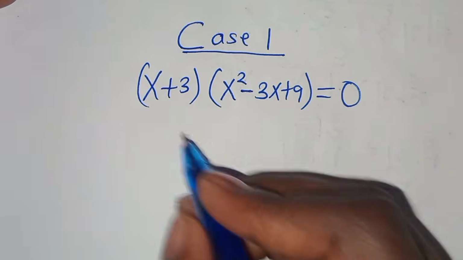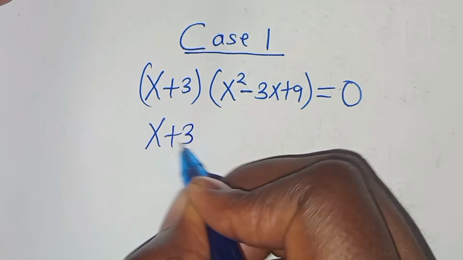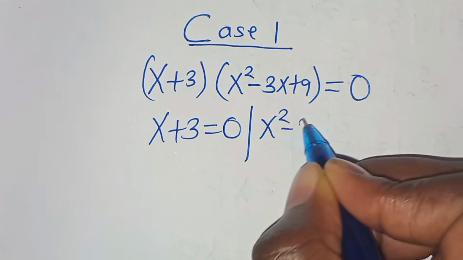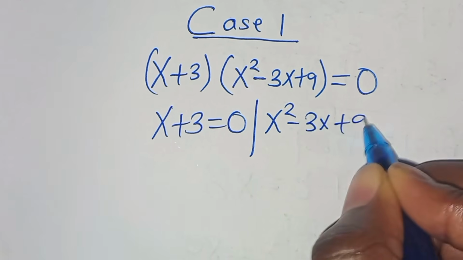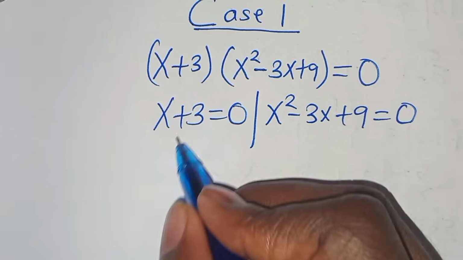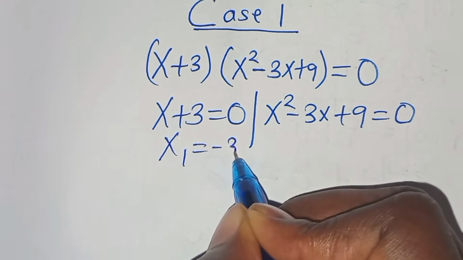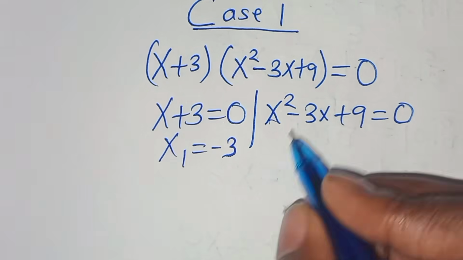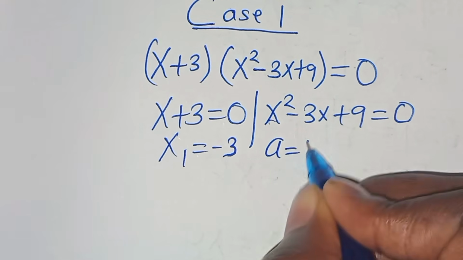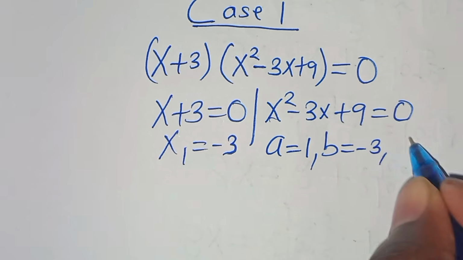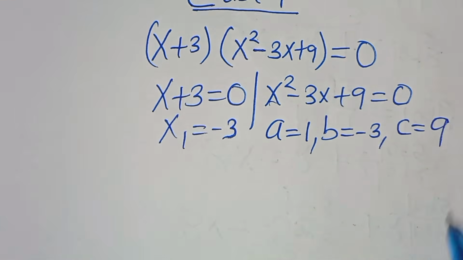So here we have two parts. We have x plus 3 equal to 0, and we have x squared minus 3x plus 9 equal to 0. From the first part, we have x1 equal to minus 3. The second part is a quadratic equation with a equal to 1, b equal to minus 3, and c equal to 9.